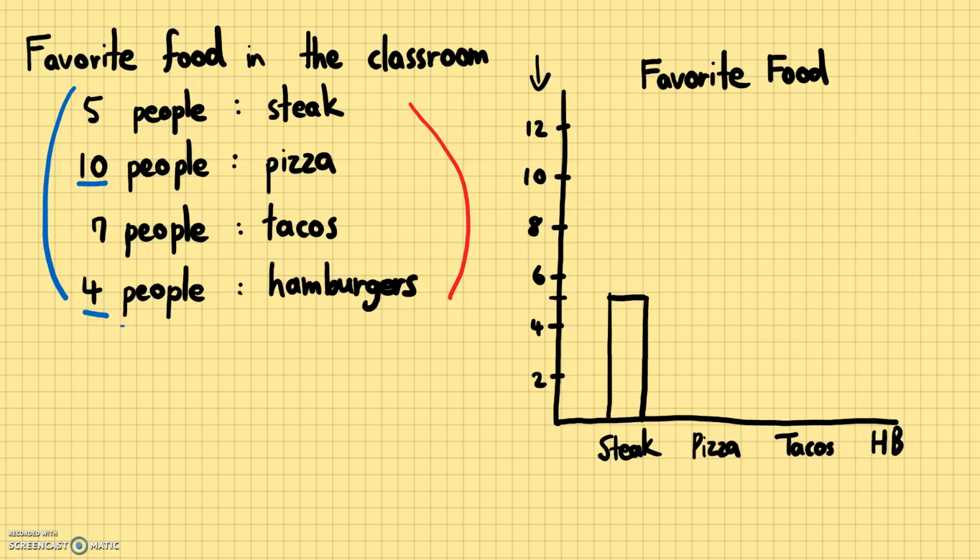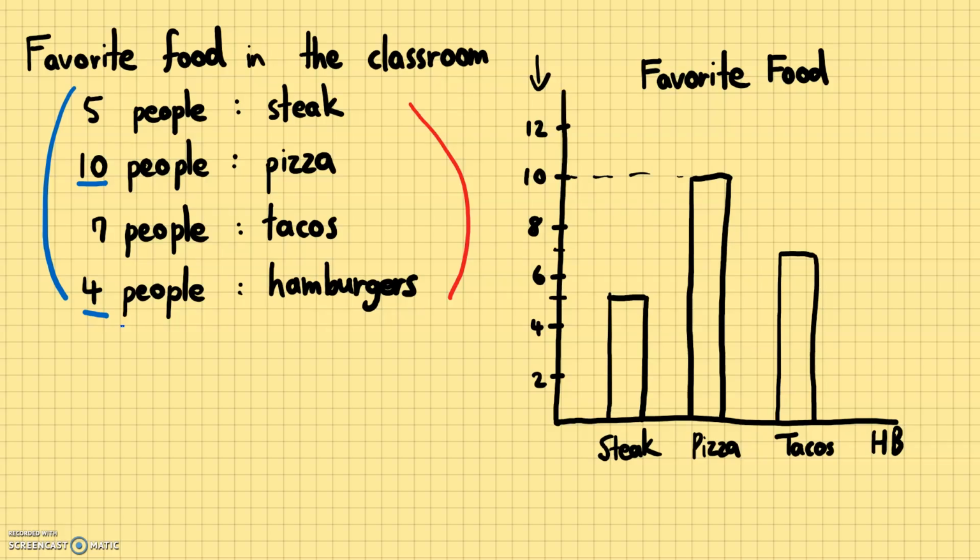Pizza, there are 10 people, so let's draw all the way until the 10 mark right here. Tacos, there are 7. Again, there's no 7 here, but we know that 7 is in between 8 and 6. So let's draw a bar that goes until there. Right? And hamburgers, there are 4 people, so up to here.